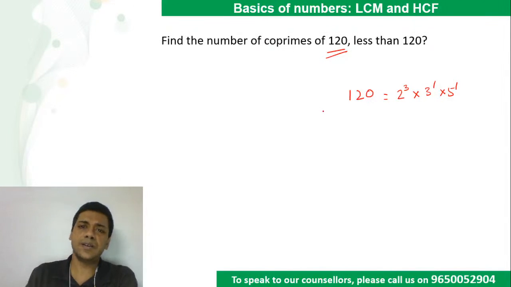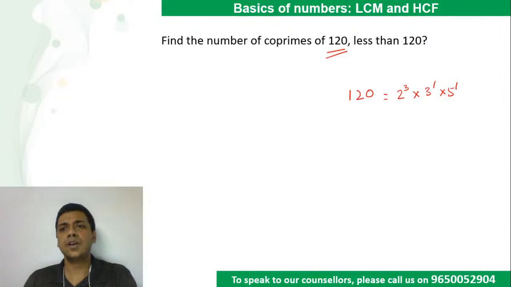So, any number which is not co-prime will be a multiple of either 2 or 3 or 5. So, when my question says find the number of co-primes to 120, my question is how many numbers less than 120 are neither multiple of 2 nor multiple of 5 nor multiple of 3? So, I just need to remove the multiples of 2, 3 and 5.